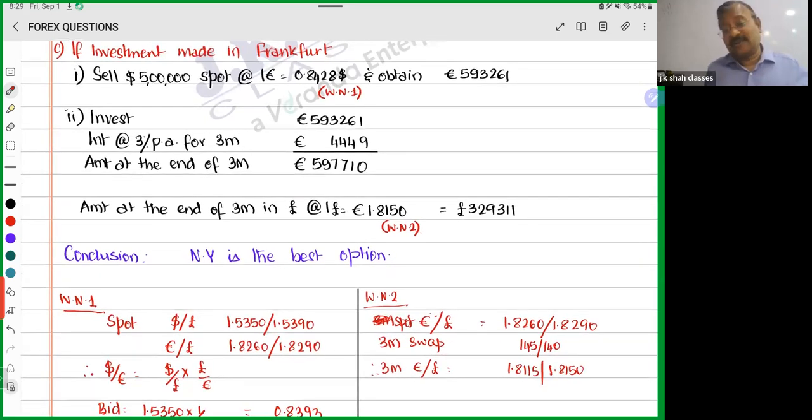Added the swap points. Yeah, where did you? No, got it right. 329,314. I had taken the dollar code, but if you notice, मेरा final answer में कुछ $6, £6 का ही फर्क आता है.